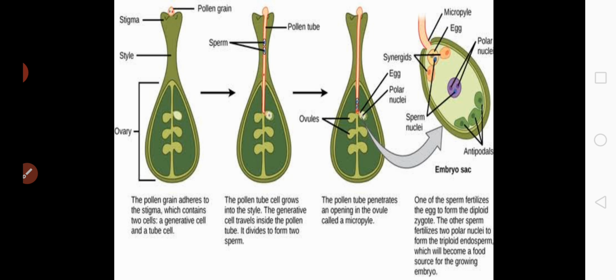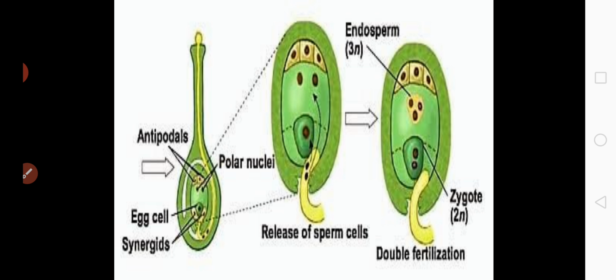After releasing the male gametes, one male gamete fuses with the egg cell, that means the female gamete, to form the zygote, whereas the other male gamete fuses with the secondary nucleus and forms the primary endosperm nucleus. So here you can clearly observe the discharge of male nuclei and the formation of zygote and endosperm.